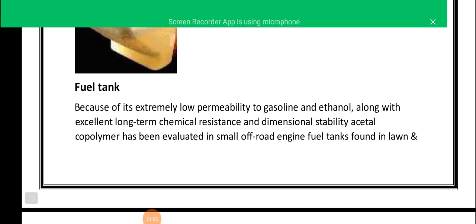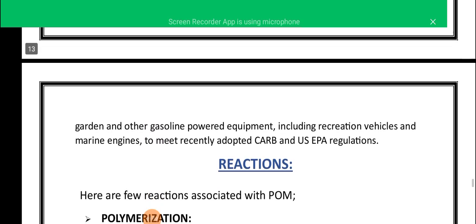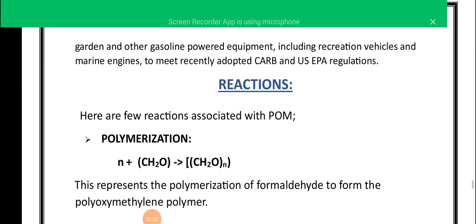Because of its extremely low permeability to gasoline and ethanol, along with excellent long-term chemical resistance and dimensional stability, acetyl copolymer has been evaluated in small off-road engine fuel tanks found in lawn and garden and other gasoline-powered equipment, including recreation vehicles and marine engines, to meet recently adopted CARB and US EPA regulations.